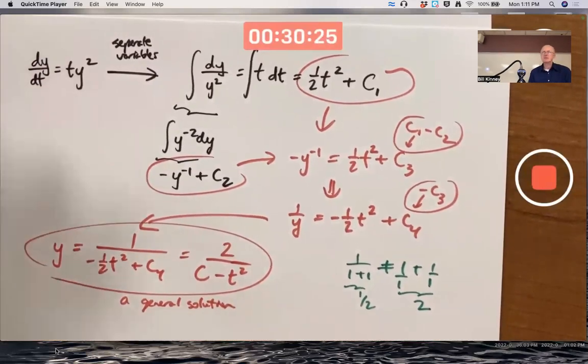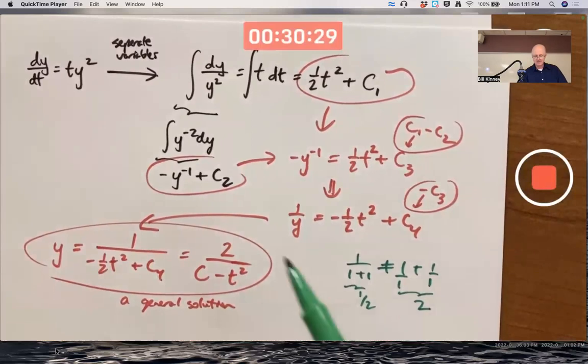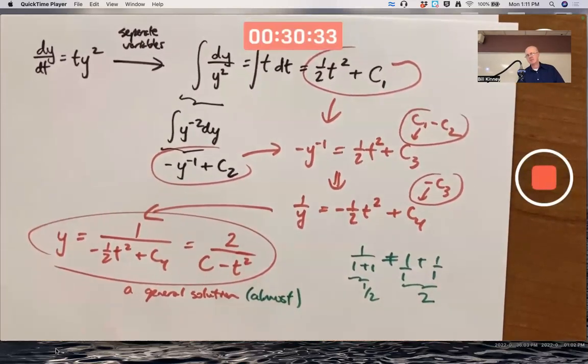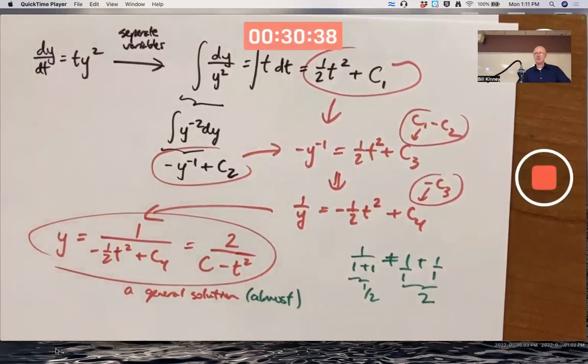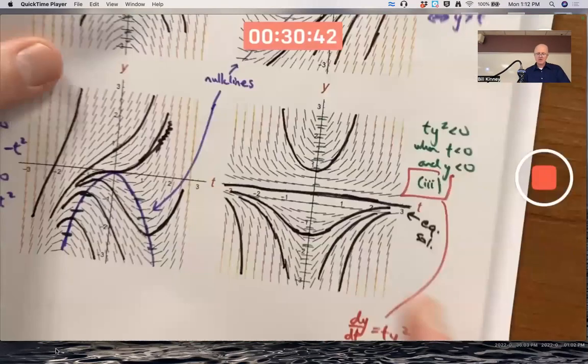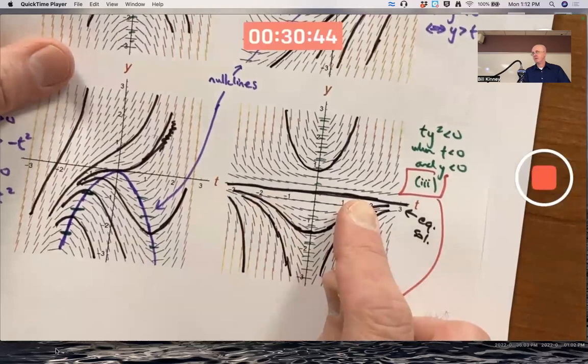Is it truly a general solution? Can it solve all initial value problems? Not quite. It's a general solution, again, almost. It's good enough for the most part. It does miss one solution, though. It misses the equilibrium solution, actually, y equals 0.